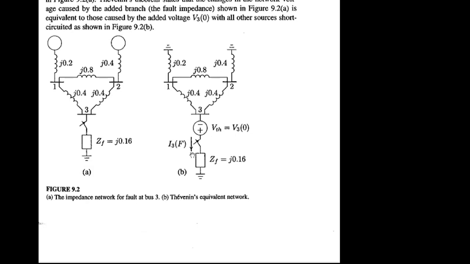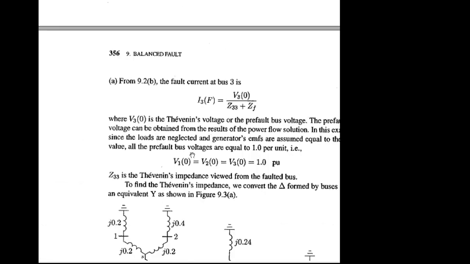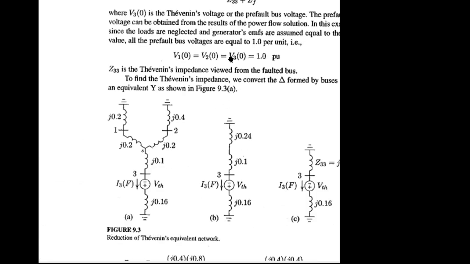For the Thevenin equivalent voltage, you will have that. So we can generate this, which is mentioned here also. V30 is 1. Also V10 and V20 are 1.